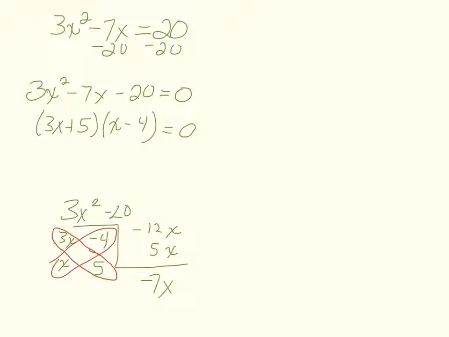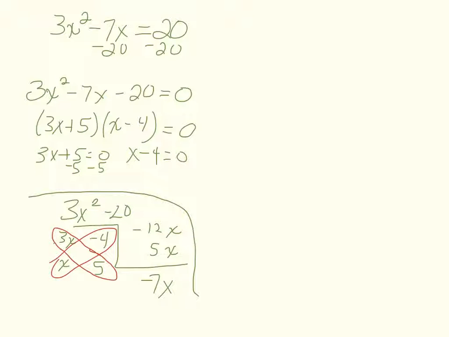Okay, now when I look at this, I'm going to set each factor equal to 0. So 3x plus 5 equals 0. x minus 4 equals 0. And I'm going to solve. I'm going to subtract 5 from both sides.